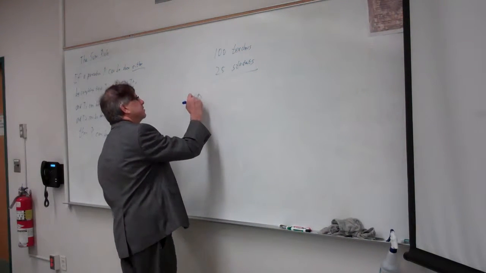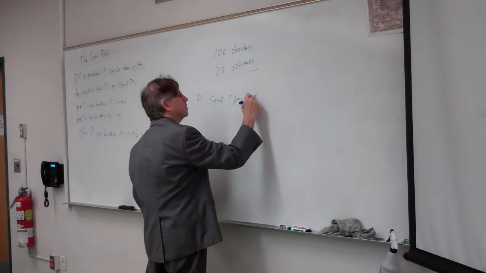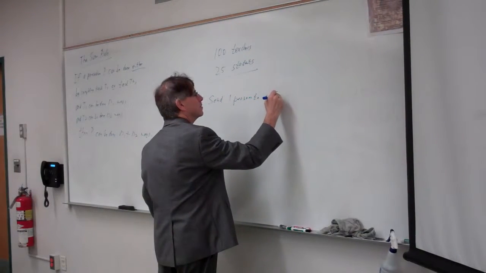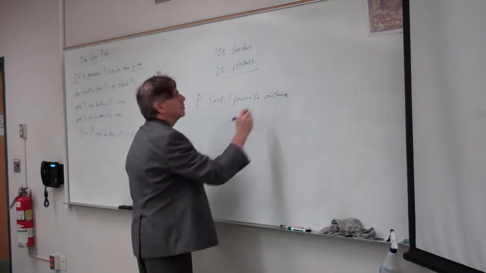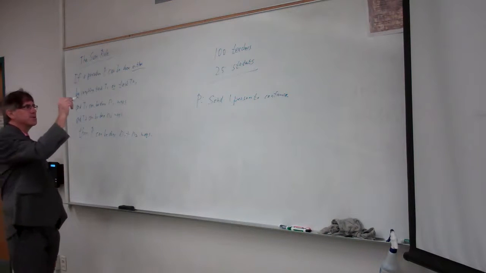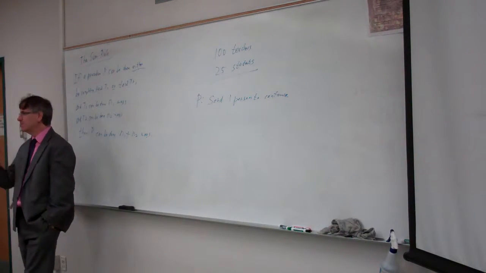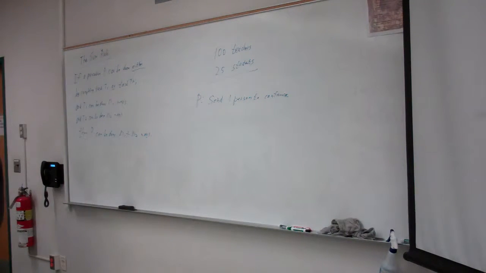So P, send one person to a conference. And we can think of that as 2 possible tasks. T1, choose a teacher. T2, choose a student. And if we do either of those, then we've completed our procedure.